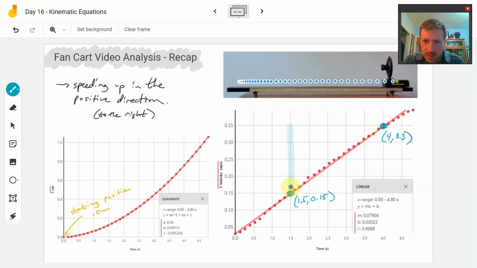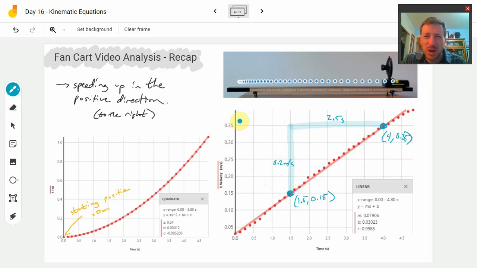Our rise in this case goes up by 0.2 meters per second. And our run is 4 minus 1.5, so that's 2.5 seconds.